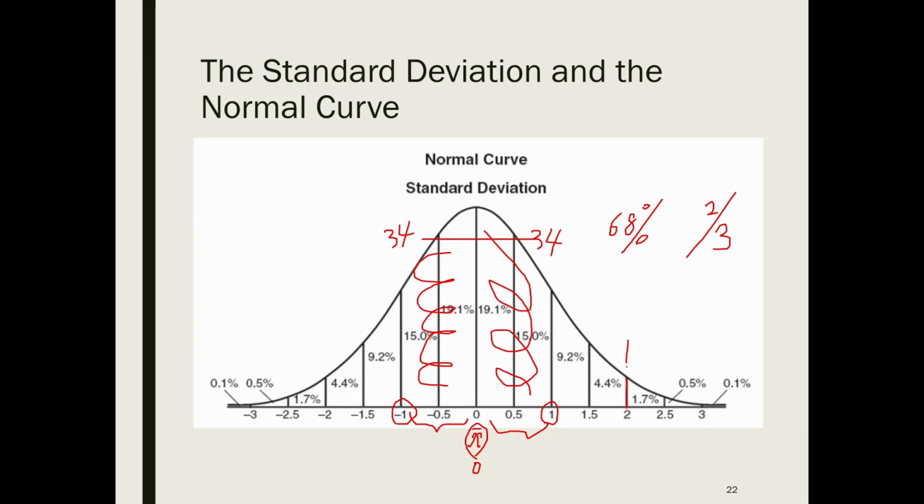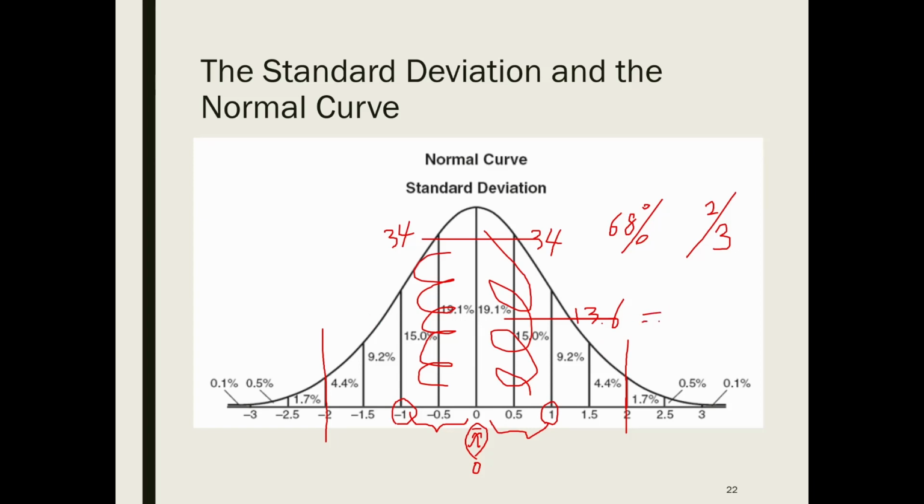We didn't put that in the PowerPoints here, but you can calculate it for standard deviation 1 and 2, and -1 and -2. So you add to this 34 another 13.6. This side will be 13.6 as well.